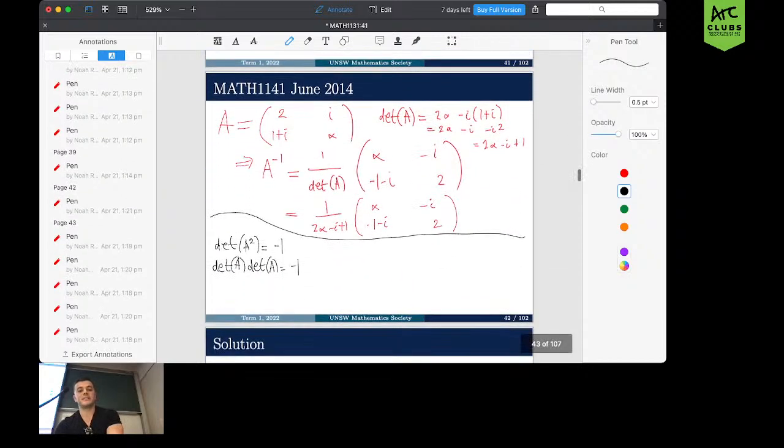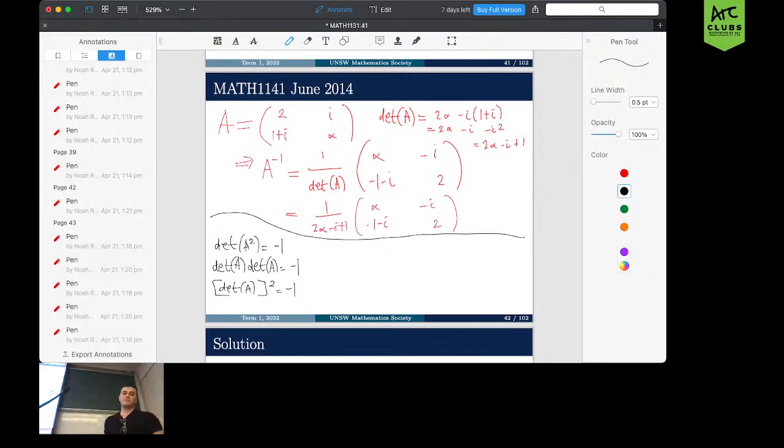So that was like det AA, which we then decomposed into this quantity here. Okay. Now that's a scalar, right? That's a scalar. So what we can say is that det A all squared is equal to -1, right?